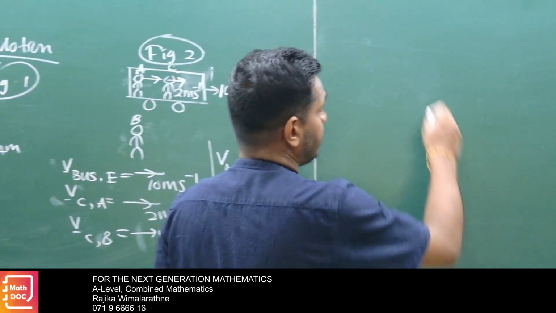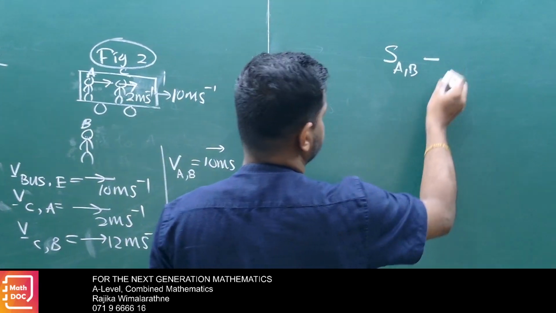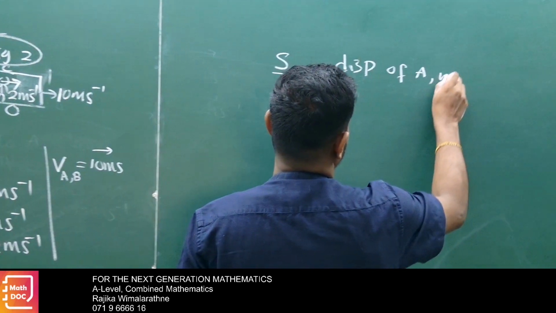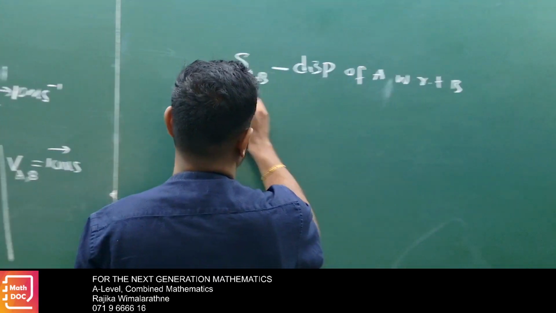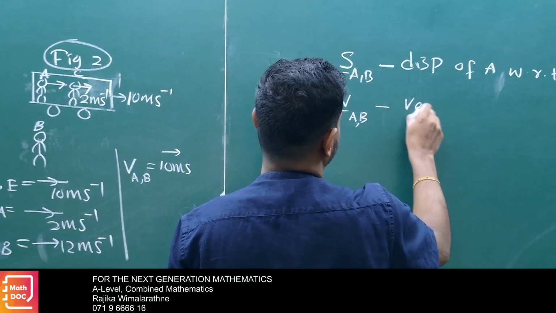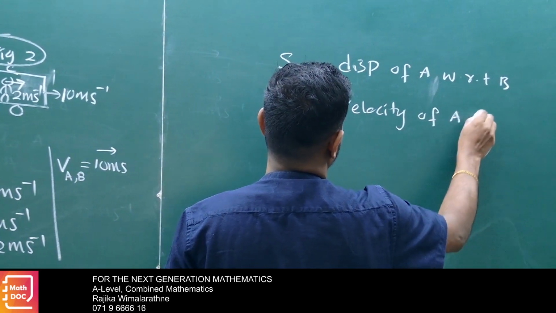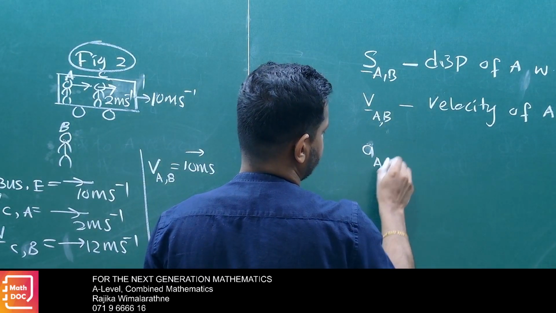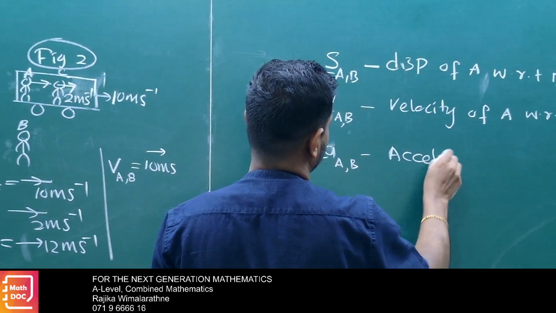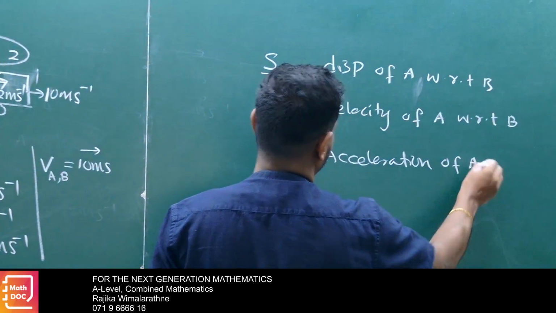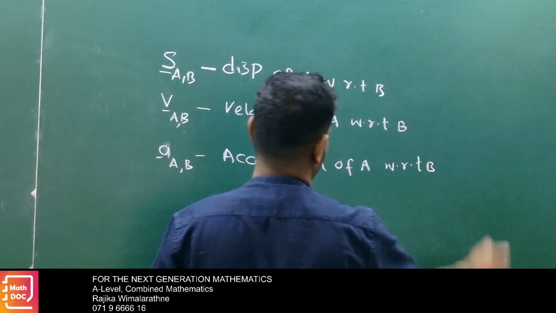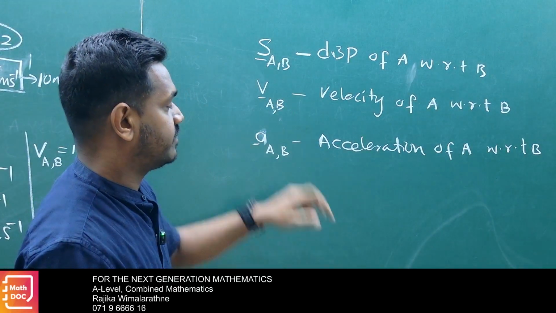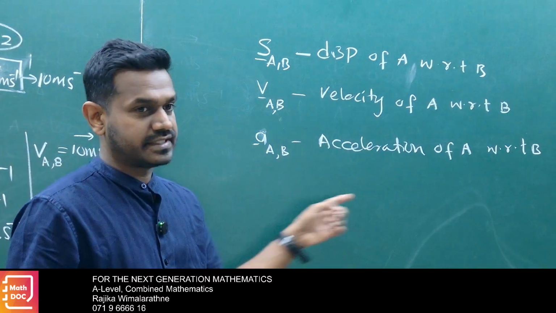Here SAB, by the side write down displacement of A with respect to B. Here VAB is velocity of A with respect to B. Here AAB means acceleration of A with respect to B. Those are the notations. Just put that notation.